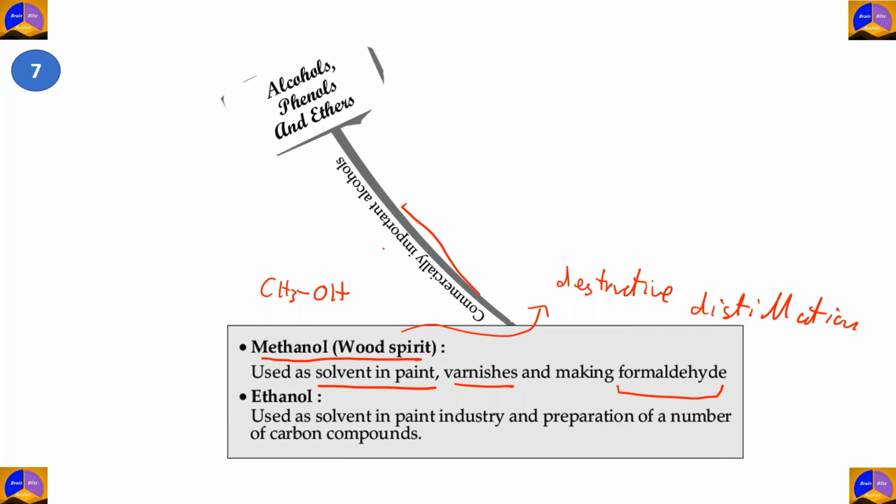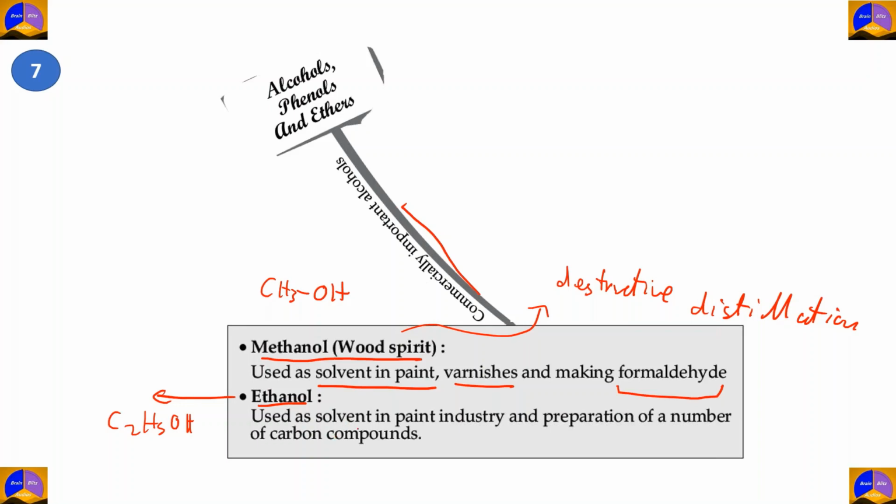Let's look at the next component, which is pretty important as alcohol in the industries, and it is ethanol, C2H5OH. This is the alcohol used in drinks. So it's obtained commercially by fermentation.